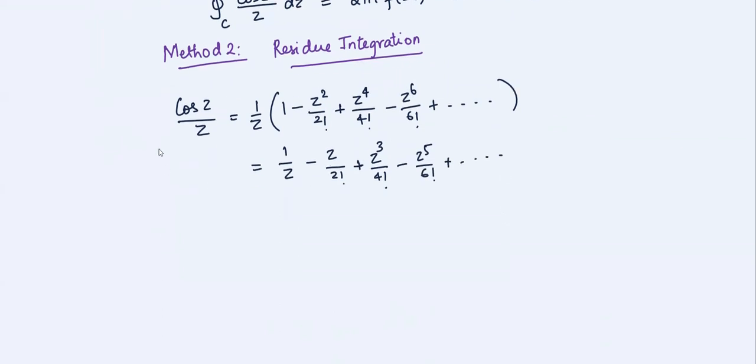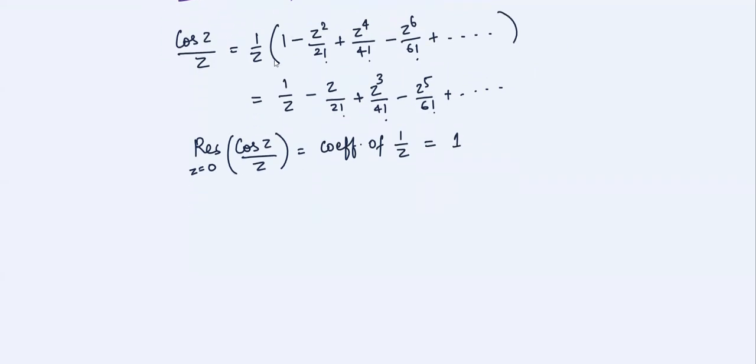So what is the residue here? Very clearly, the residue of cos z upon z at z equal to 0 is the coefficient of 1 over z, which is equal to 1. All right.